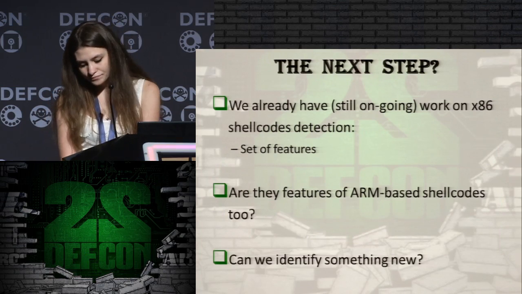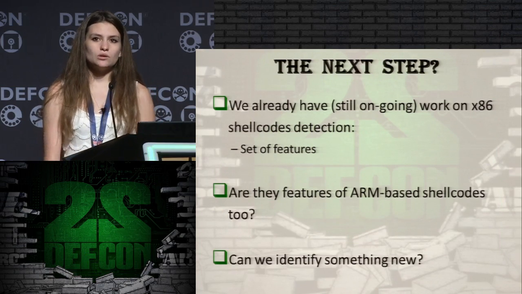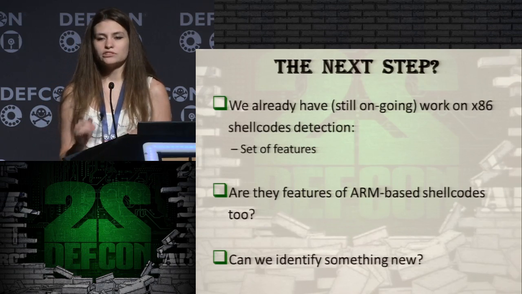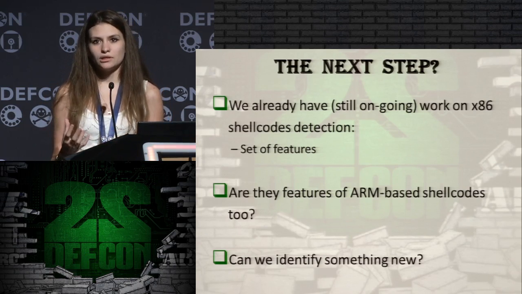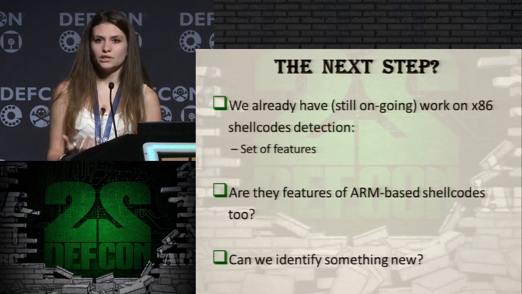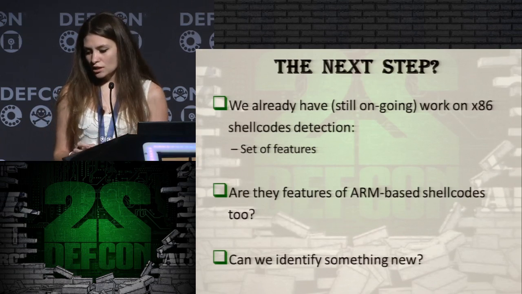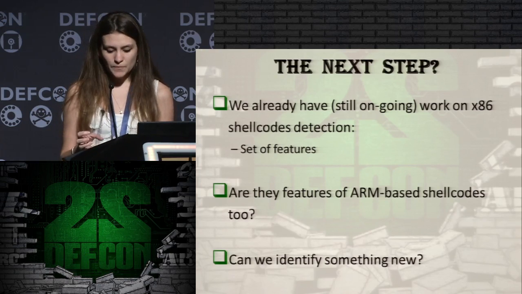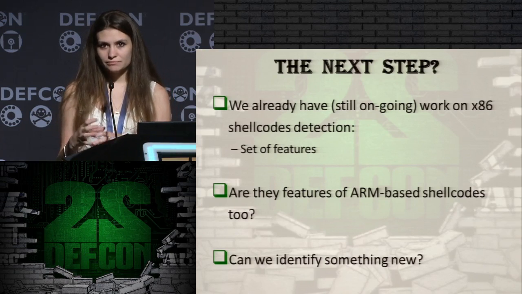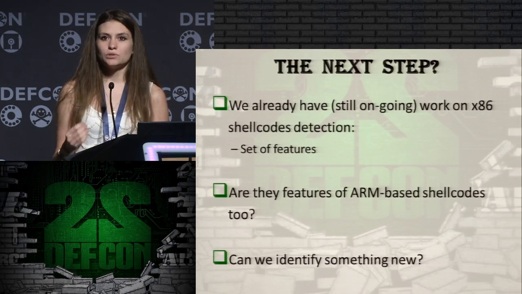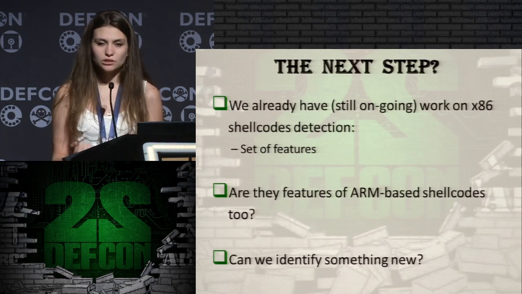So what's the next step? We already have ongoing research on detection of shellcode for the x86 platform. Basically, we identified a set of features which are typical for shellcodes.